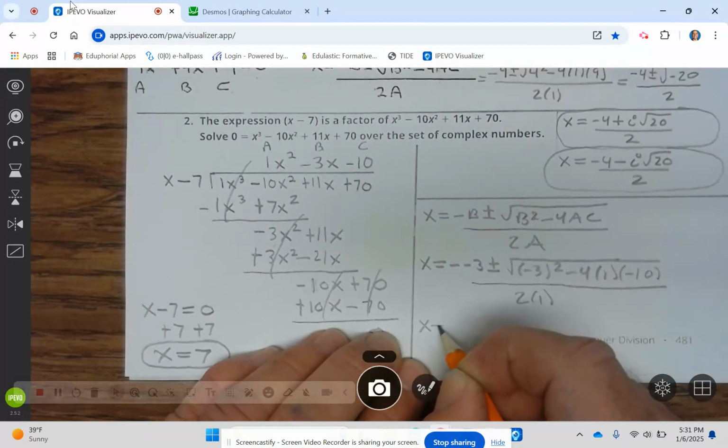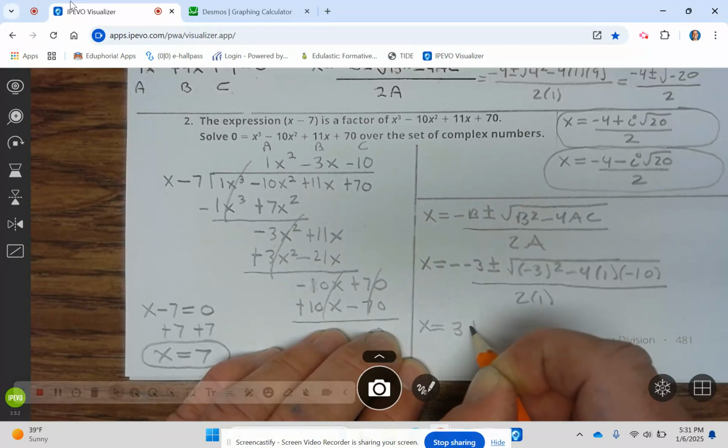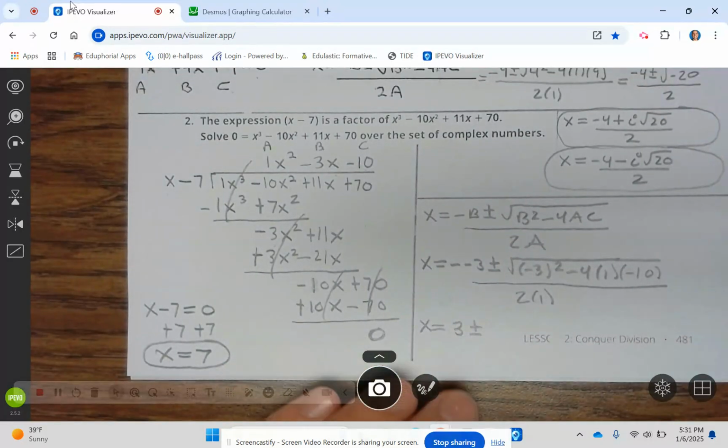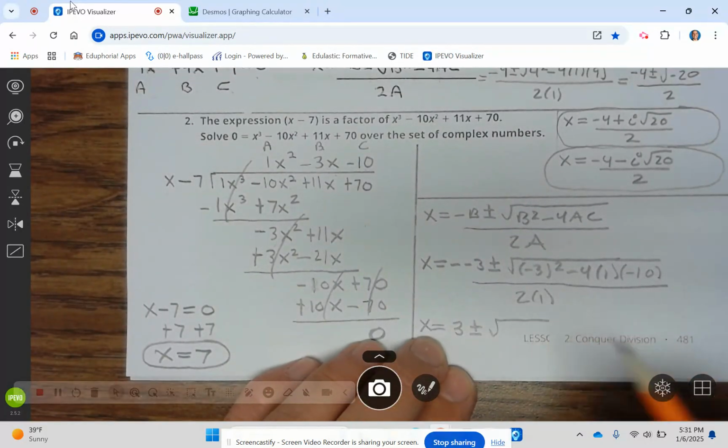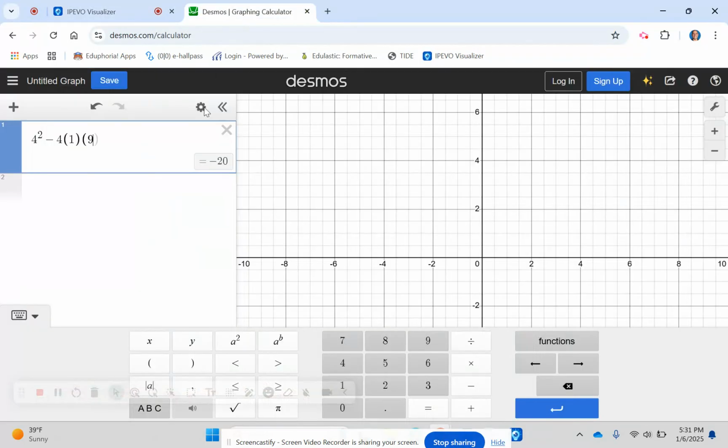So x equals positive 3 plus or minus square root. Let's go ahead and plug that into Desmos. So parentheses negative 3 squared minus 4 times 1 times negative 10 is 49.